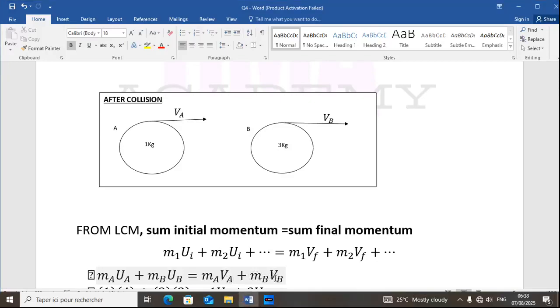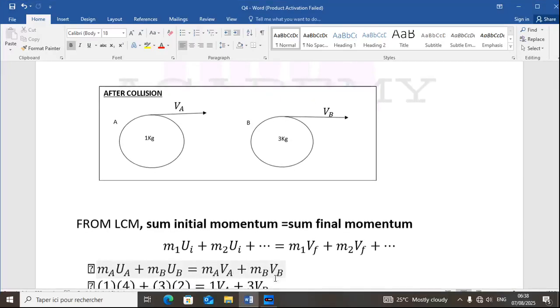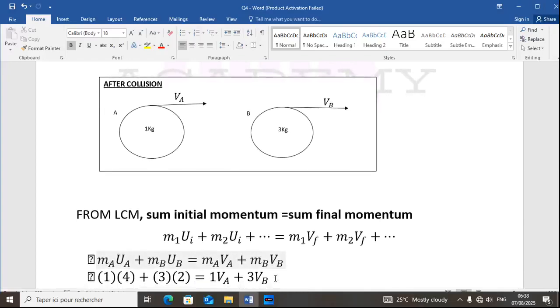So if you want to replace everything now, we are going to have the mass of A, which was found to be 1 kilogram, times the initial velocity of A, which was found to be 4, plus the mass of B, 3, times the initial velocity of B, which was found to be 2, equals the mass of A, 1, times VA.